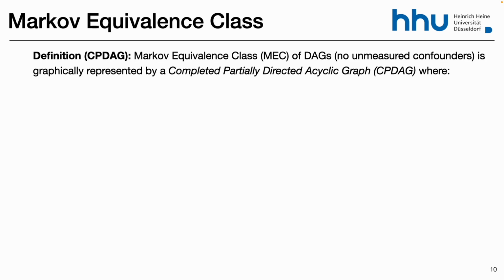Then you can define something that we call a CPDAG, or completed partially directed acyclic graph. No one says this name like this. Everyone says just CPDAG. But it's a representation of all the invariances that you saw before.